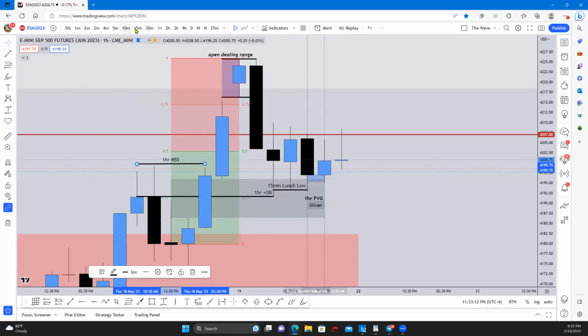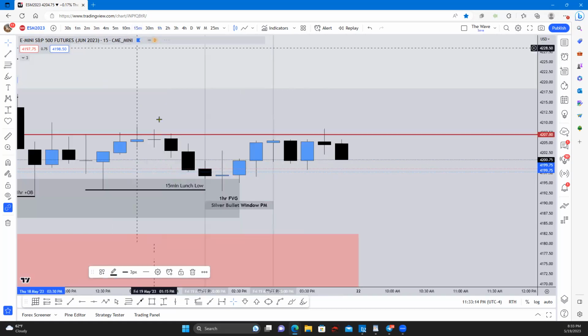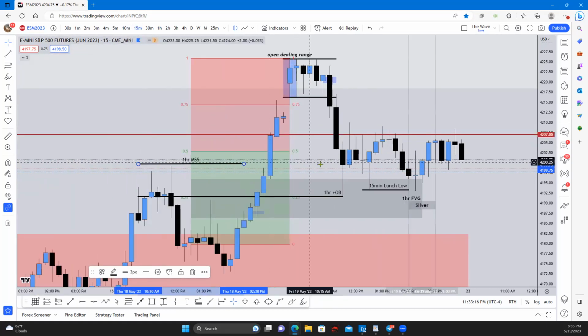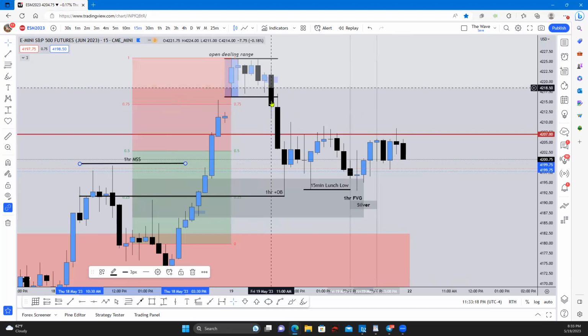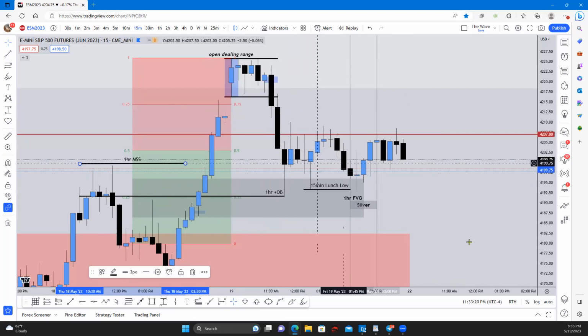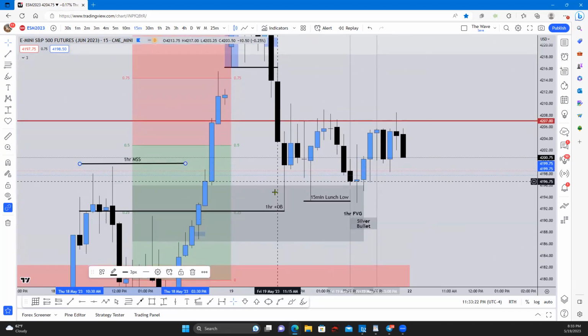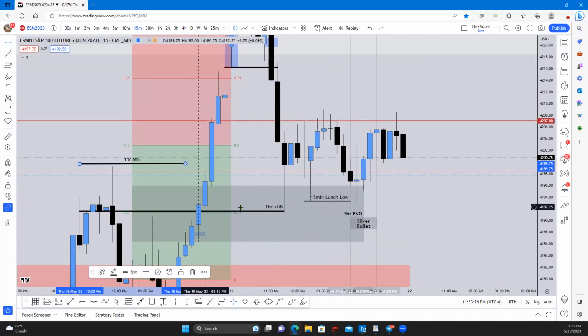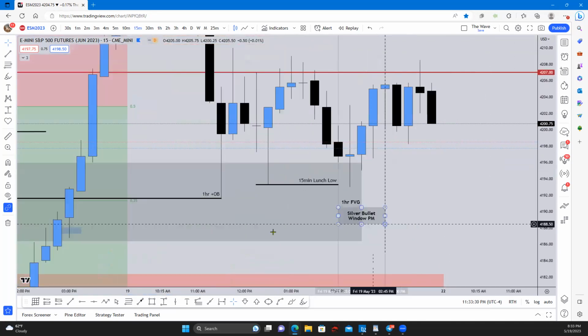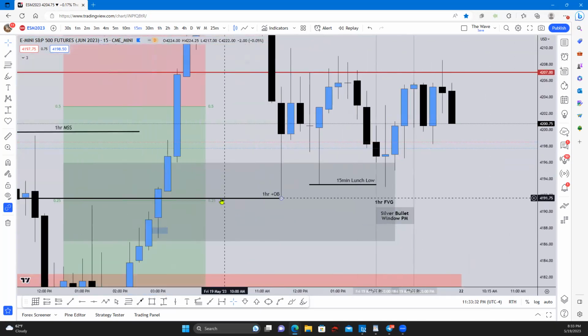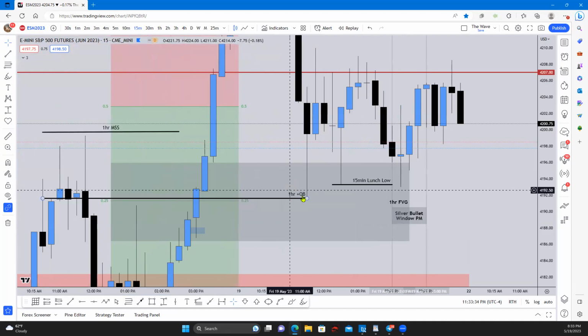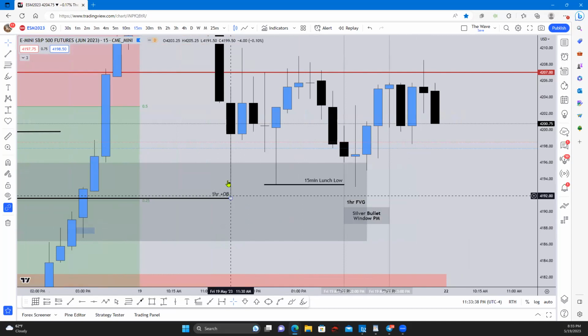We will come down to the 15-minute and, if price is running down, we're looking for it to tap into this fair value gap paired with the 1 hour order block. And if you see here on the 15-minute, we tap it perfectly there, transposed from the 1 hour down to the 15-minute here.